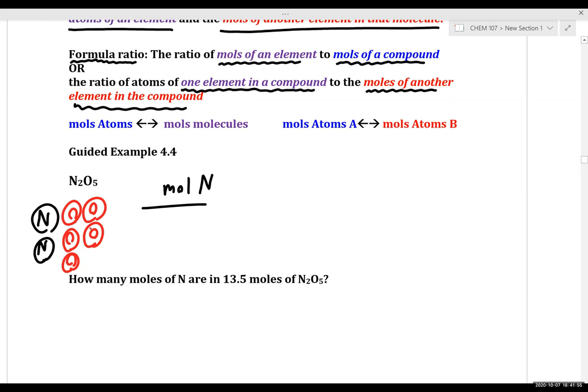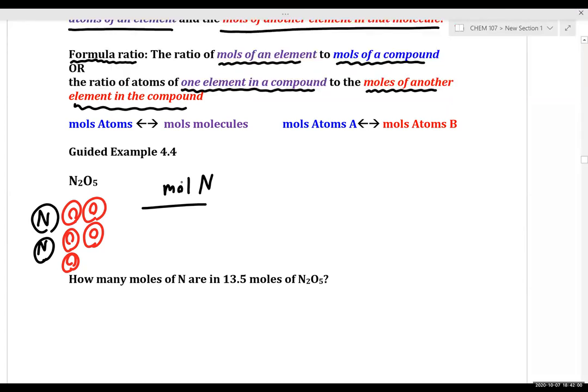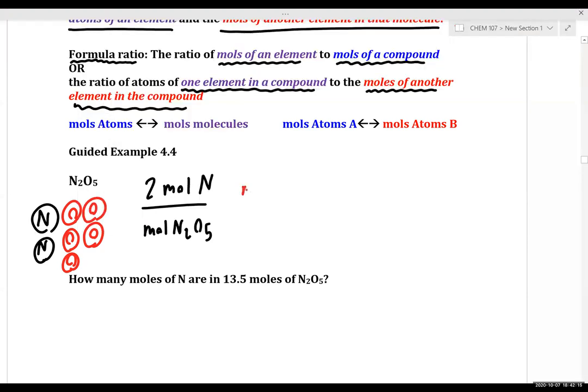So how many moles of nitrogen do we have? 2. So we have 2 moles of nitrogen per mole of N2O5. In 1 mole of N2O5, I see 2 nitrogens. What about oxygen? Five. Yep, exactly right. We have 5 moles of oxygen per mole of N2O5.